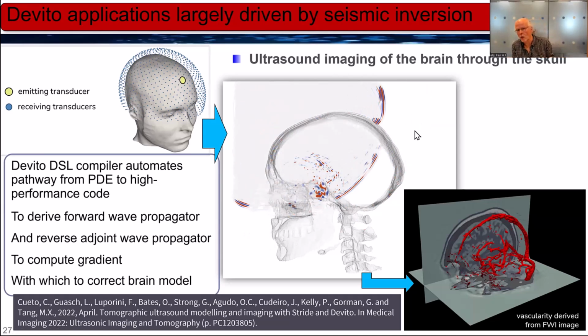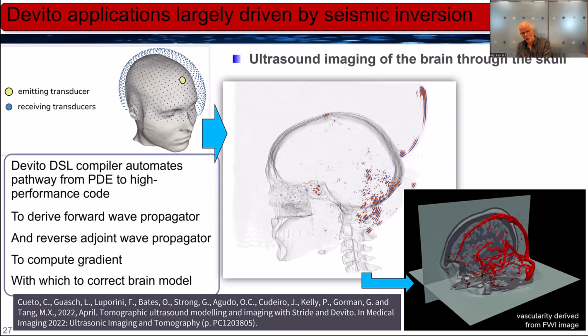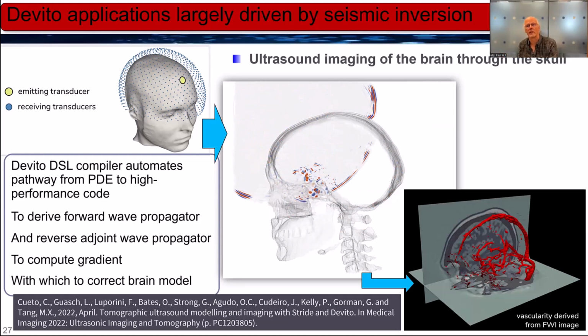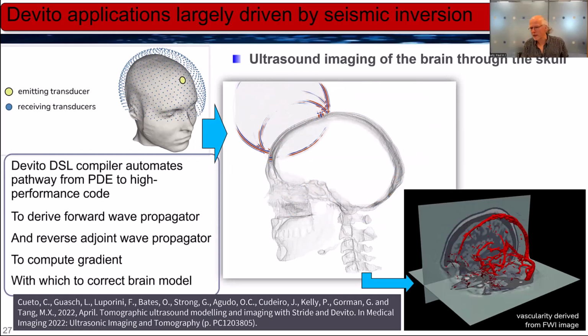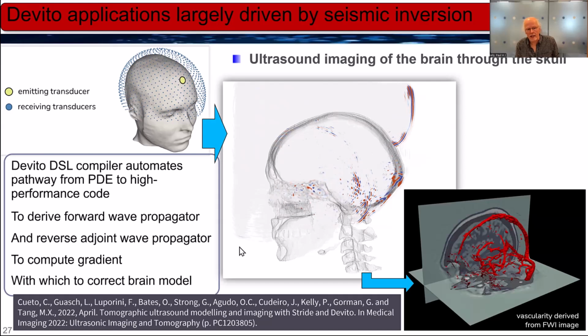What we actually do, of course, is solve an inverse problem. So we use access to the adjoint, to the derivative of this solver, to apply essentially a backpropagation algorithm to iteratively solve for the internal structure of your skull. So this is not stuff that we did.